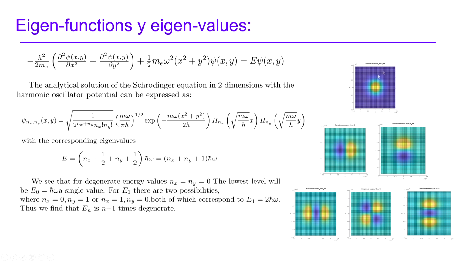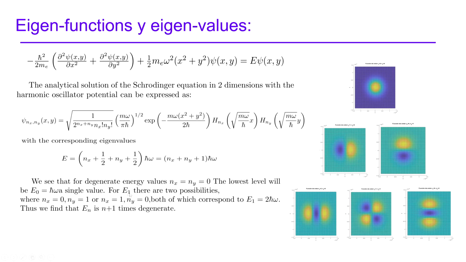This is the lowest level. Well, E0 is equal to h bar omega, okay? It has a single value.